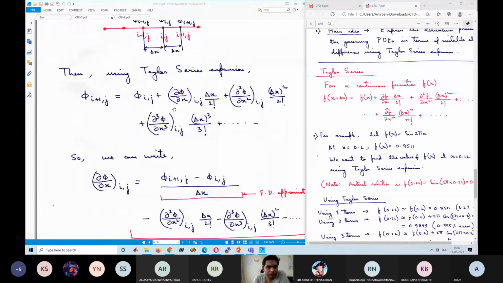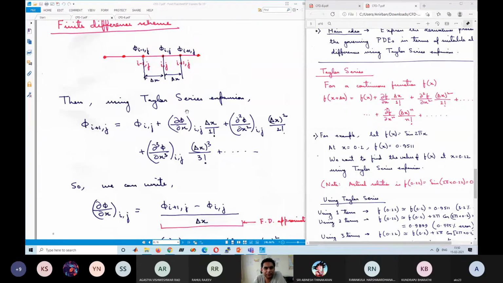So we are interested in this del phi del x at ij, the first derivative at a certain point. Why? Because we will have a certain equation. For example, it's a 1D conduction problem where we have the term del square T del x square equal to some value.